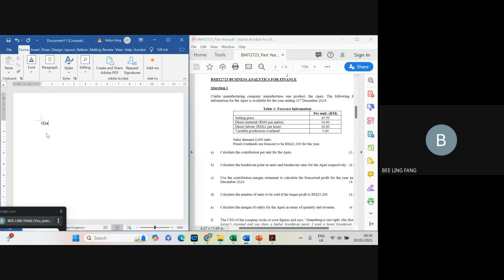Question 1A. Calculate contribution per unit. So how to calculate? Based on the formula, contribution equals what? The total sales minus the variable cost, right? So total sales is your selling price. Margin, contribution now.